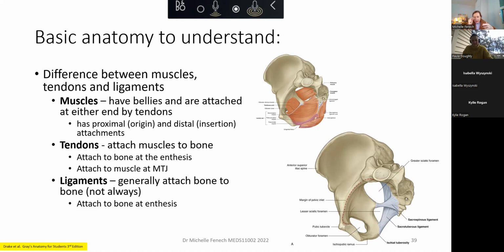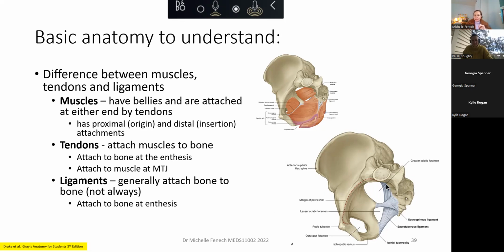Sometimes the tendons are very, very short and it looks like they do, but they will always have a tendon at the end. And the tendons are what attach the muscle belly to the bones. Everyone's okay with that concept? Sometimes we just forget our very basic stuff, so it's good to reiterate it.